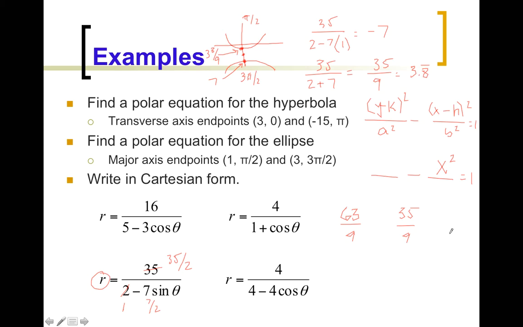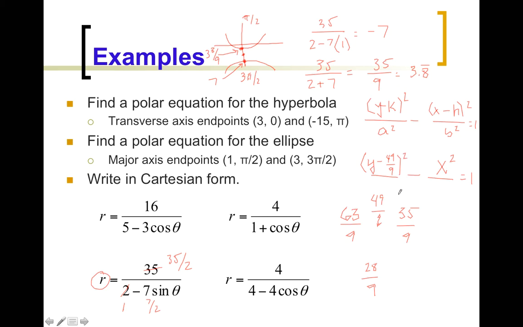These are a total of 28 units apart. Half of that is 14, so right in the middle is going to be 14 units from either of these, which is going to be 49 over 9. Well, that's our ugly k value. So it's y minus 49 over 9 squared.